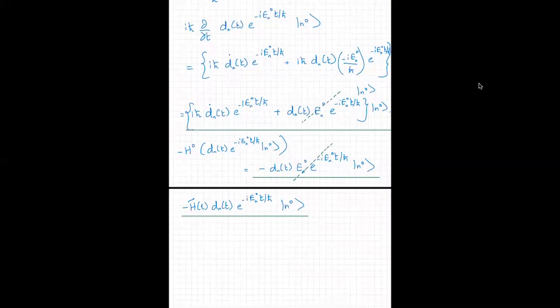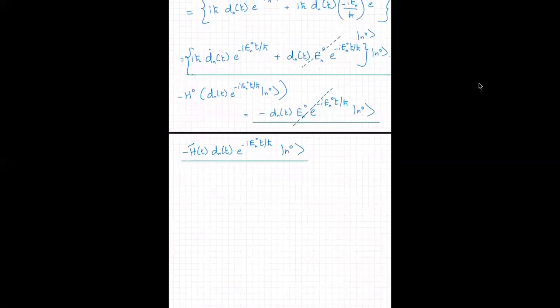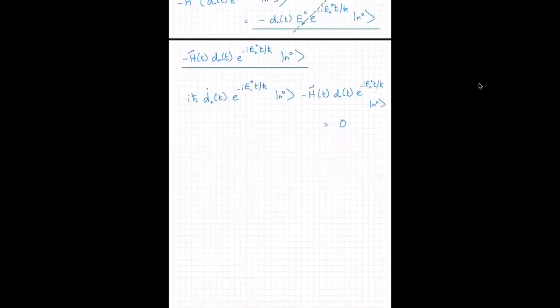Okay, if that term cancels that term, whatever is left out gives you the simple differential equation. What is that? iħ ḋ_n(t) e^(-iE_n0 t/ħ) acting on |n0⟩, that is the first term here, minus H̃ d_n(t) e^(-iE_n0 t/ħ) |n0⟩ equals 0.